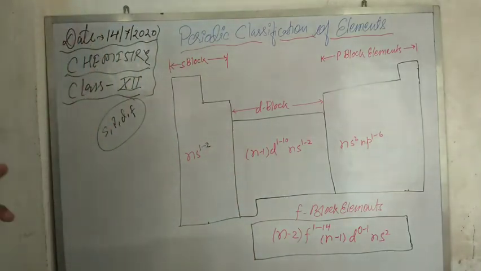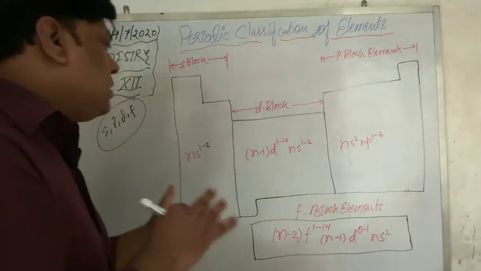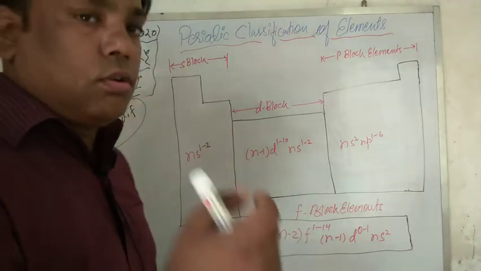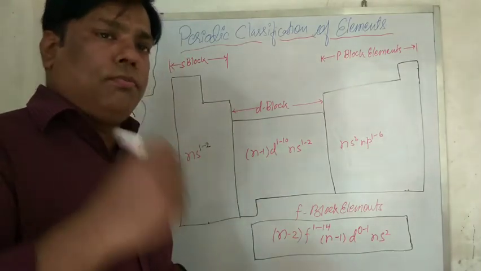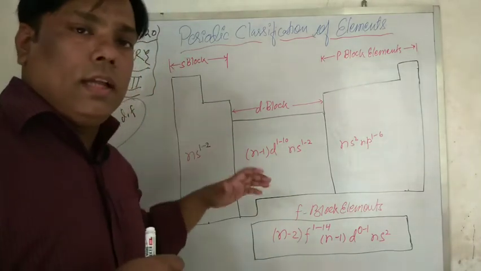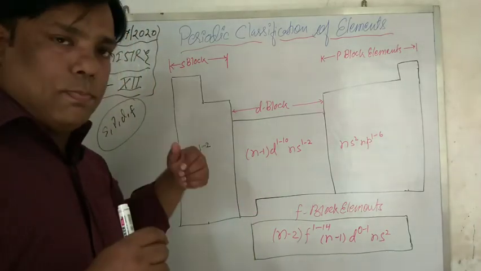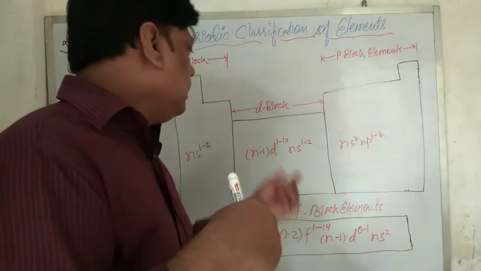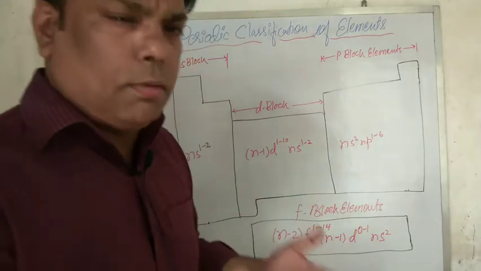The inclusion of an element in a particular block depends upon in which subshell the last electron is filled. If the last electron fills in the S subshell, then that element comes in the S block. If the last electron fills in the D subshell, it is a D block element.